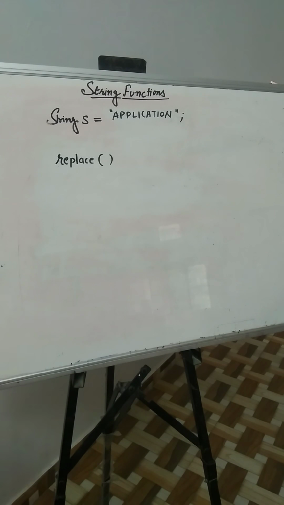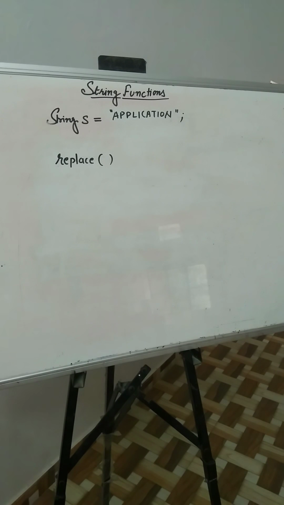Next function is the replace function. This function is used to replace a character by another character, or to replace a string by another string, at all its occurrences in the given string. Suppose I am writing string S as application.